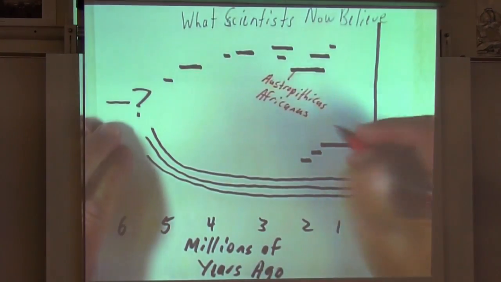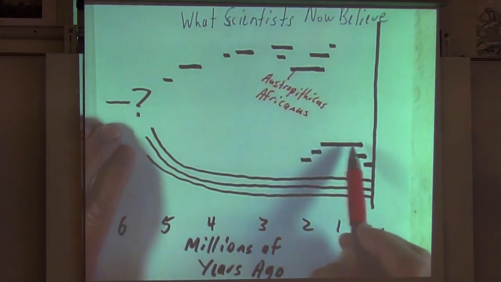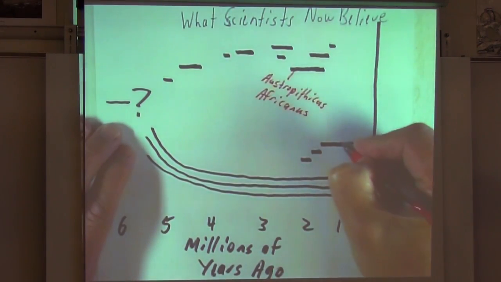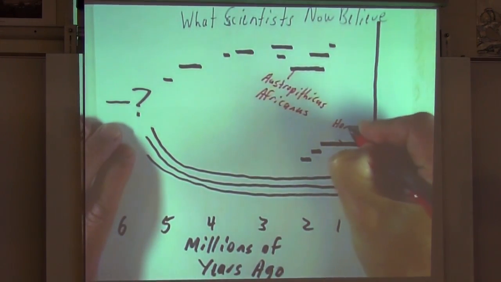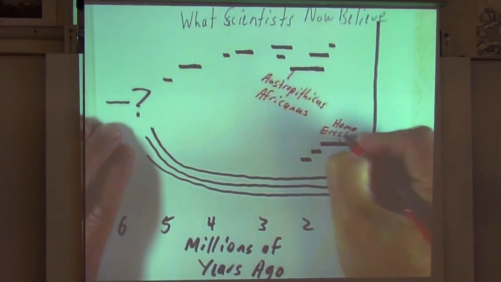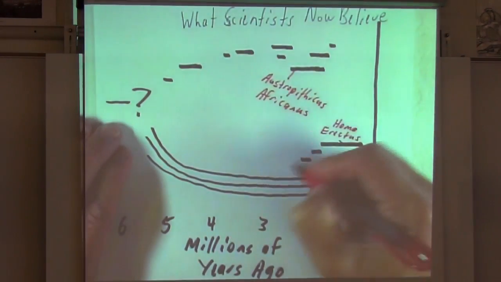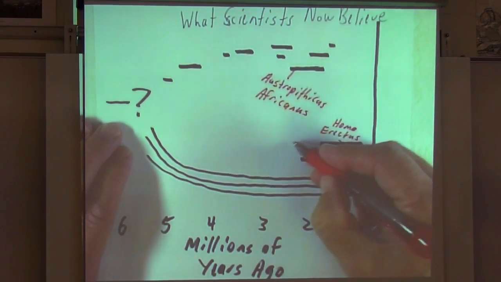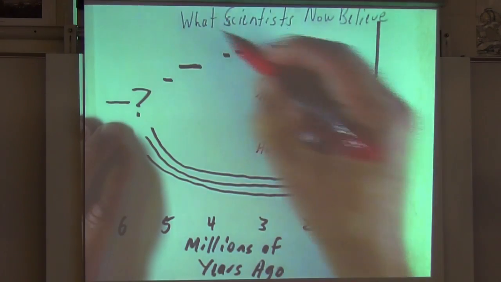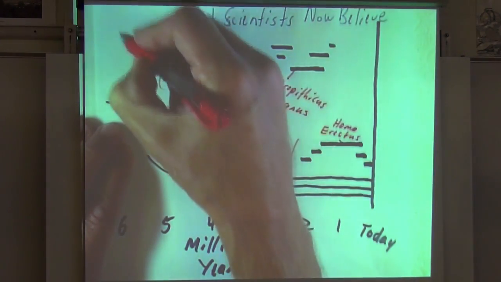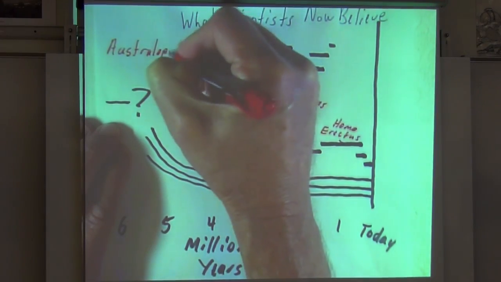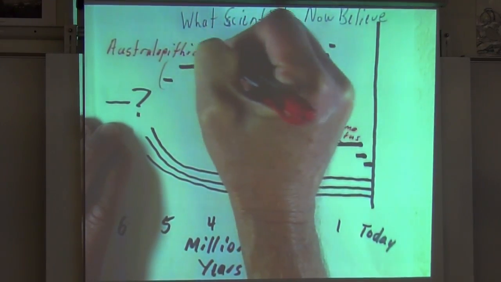Here's something. This is the indicator of the species of humans that lasted the longest on Earth. This one was Homo erectus. And again, these are scientific terms. So this is the Homo group, and this is the Australopithecines line.